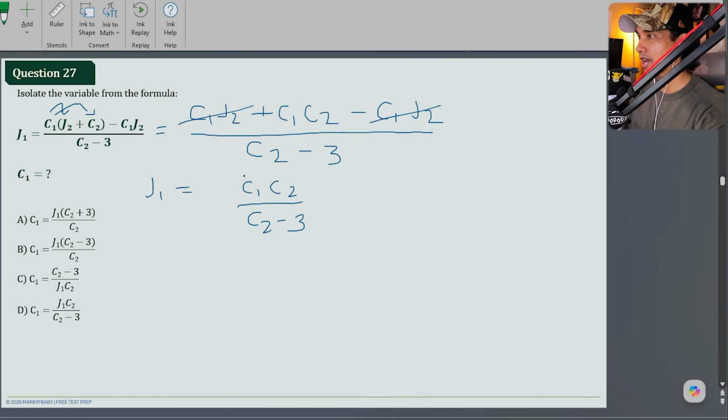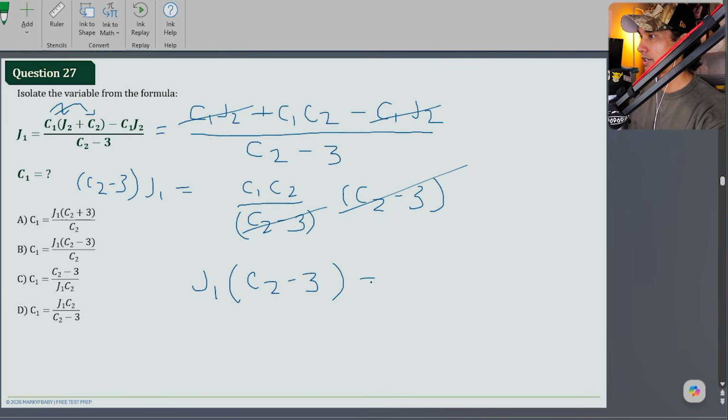Okay, now we need to isolate this C1. The first thing that I want to do is multiply C2 minus 3 to both sides. So C2 minus 3, and then C2 minus 3, and this will cancel these two out right here. And what we're left with is J1 times C2 minus 3 equals C1 C2.